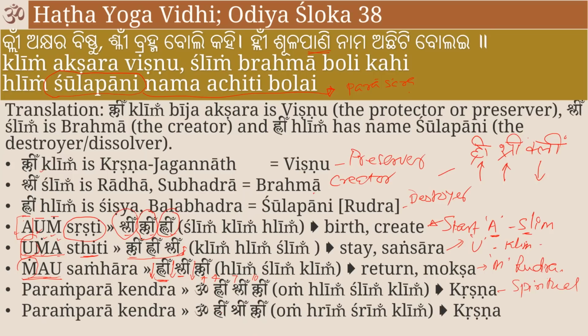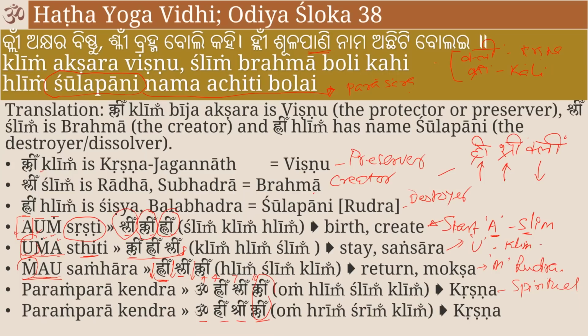Whereas the Parampara Kendras are also Om, Hrim, Shrim, Klim. This Klim will not change. Krishna's Klim will not change. You cannot do Krim and expect that to be Krishna. No. Klim, try to remember, they are brother and sister. Klim is Krishna and Krim is Kali.